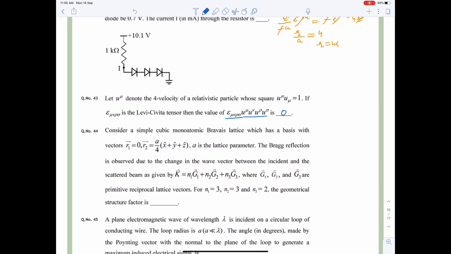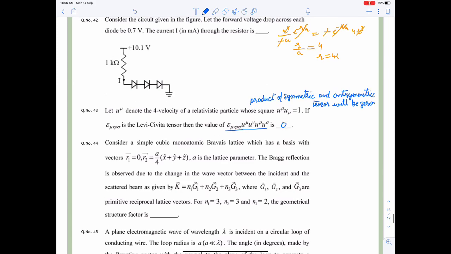The product of antisymmetric and symmetric will be 0.